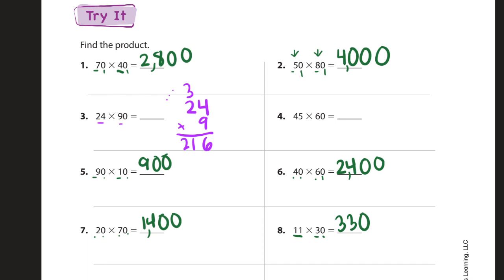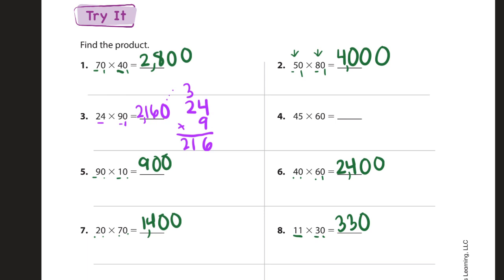So I have 216, and then I have to add one more 0. So the product of 24 times 90 is 2,160. That's the way that we solve those kind of problems in class last week.